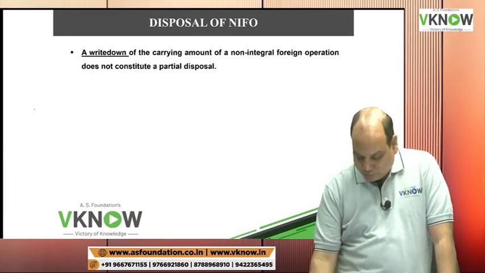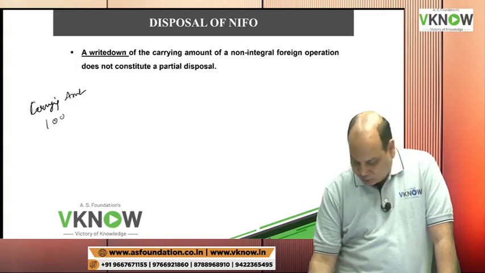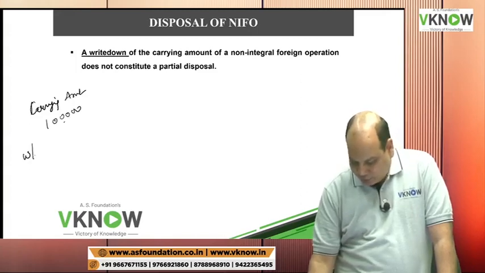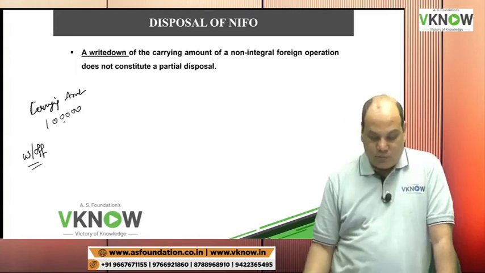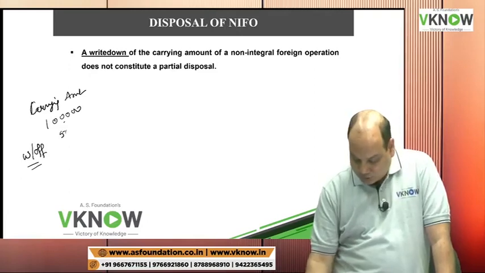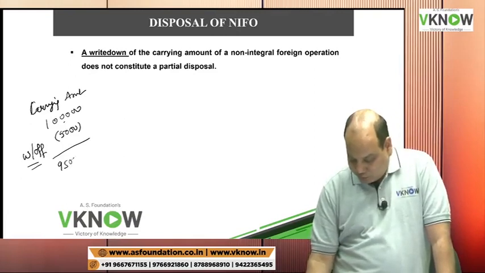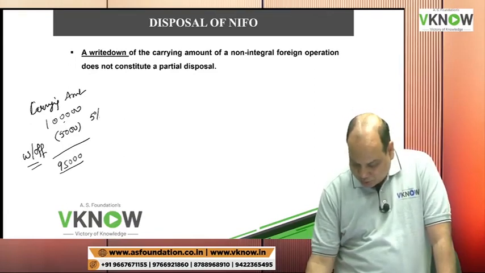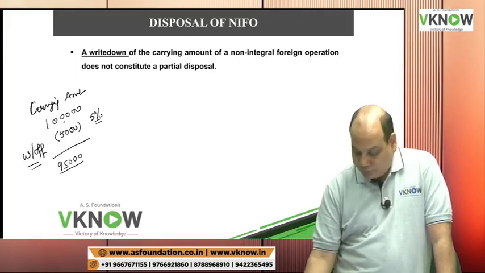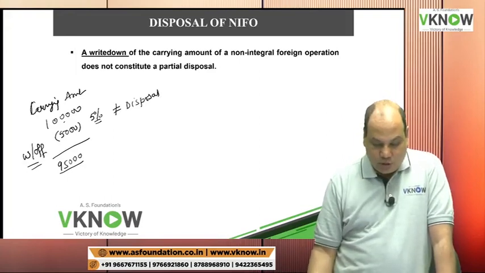Write down means, suppose the carrying amount is 1 lakh rupees, the value of the investment has gone down by 5,000 rupees due to market fluctuation. So I will write off 5% of it. Write off is not equal to disposal.